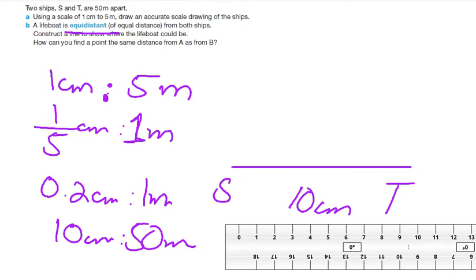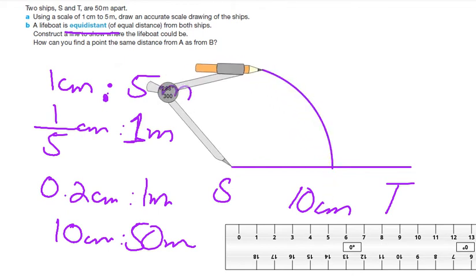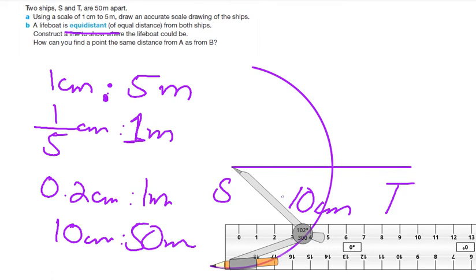So we will give you a lifeboat that is equidistant from both ships. So again, we are going to use our compass. And you can see that that's 5 centimeters, or that's exactly less than 10 centimeters.